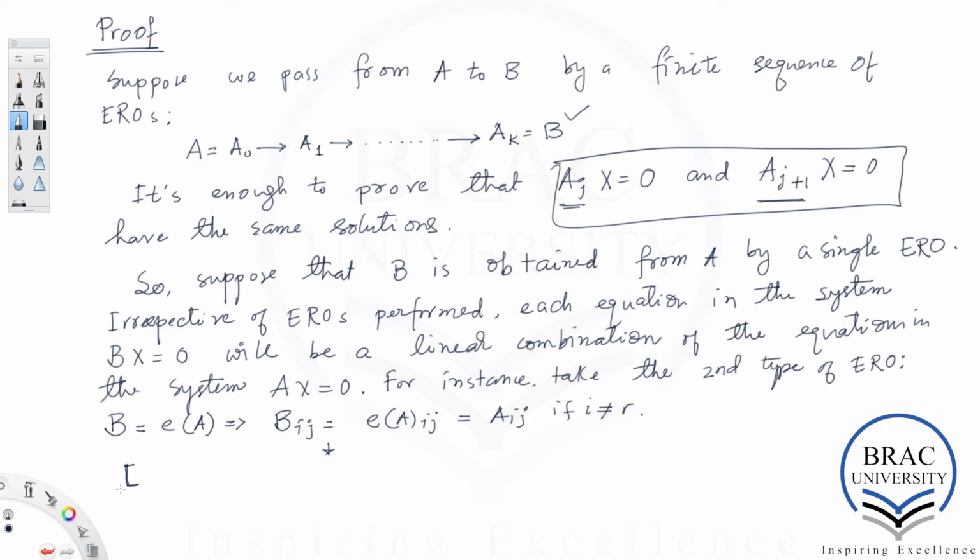We are taking the ith row, which is not equal to the rth row, so i is anything except for r from 1 to m. So we are taking the ith row, which is bi1 all the way up to bin.